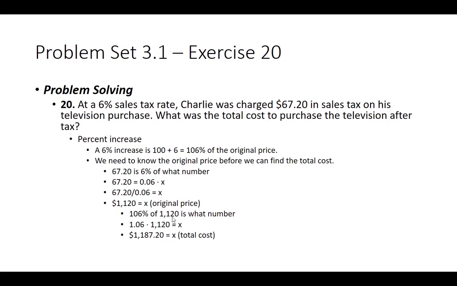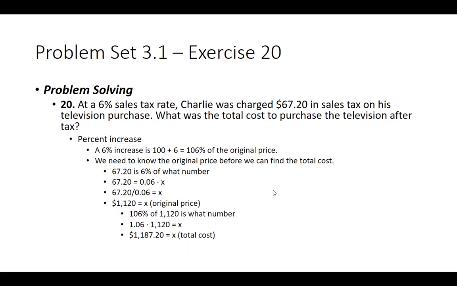That means that 106% of 1,120 would be the total cost. 106% of 1,120 is what number? That directly translates to 1.06 times 1,120 equals X. And 1.06 times 1,120 calculates to $1,187.20.